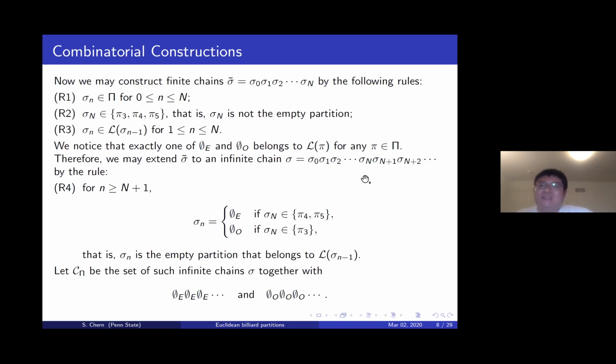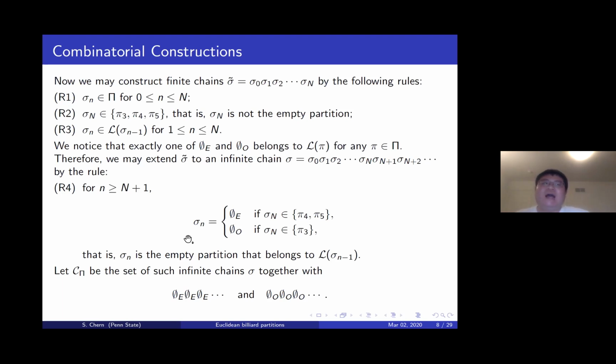Suppose sigma sub capital N is pi 4 or pi 5, then we just set all the entries next to it as empty sub E, and if sigma sub capital N is pi 3, then we set all sigma n for n greater than or equal to capital N plus 1 as empty sub O. And we can see that if we do it in this way, then sigma n, the empty partition, belongs to the linking set of sigma sub n minus 1 for any n greater than or equal to capital N plus 1.